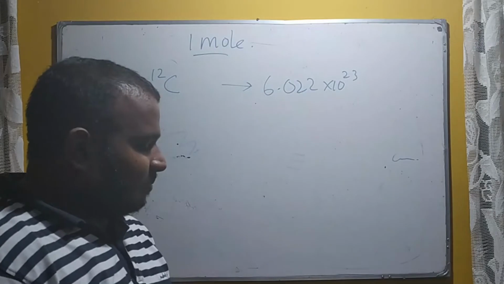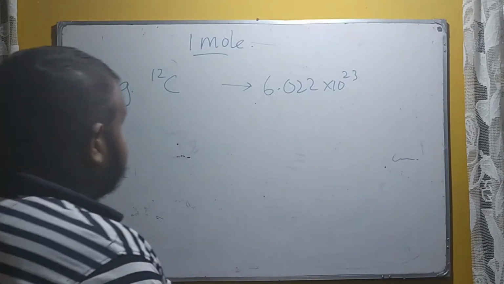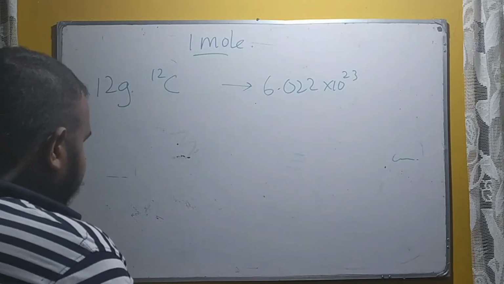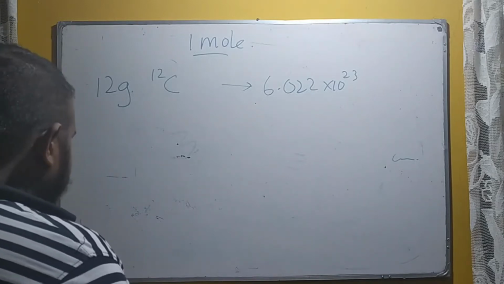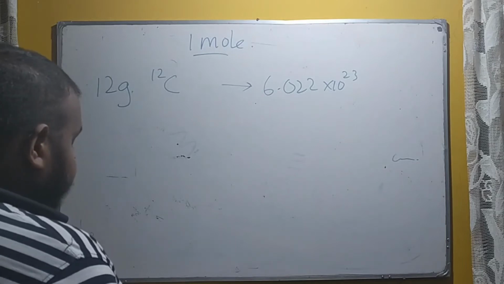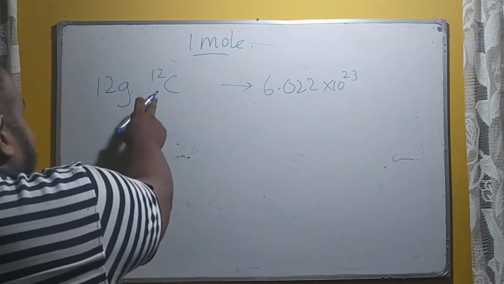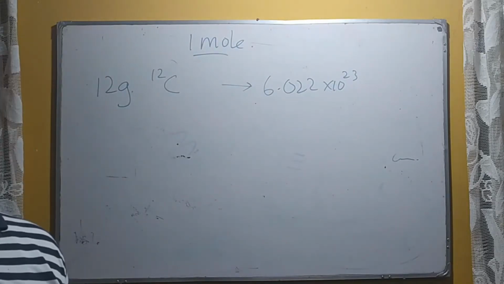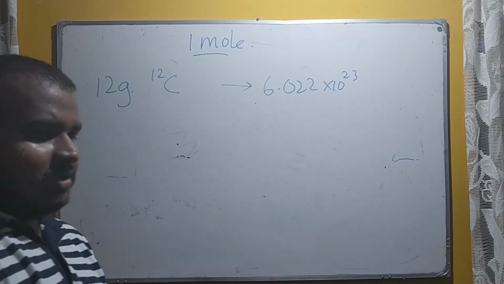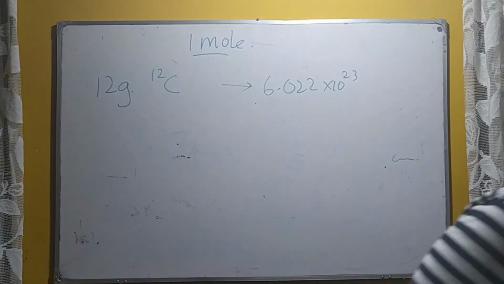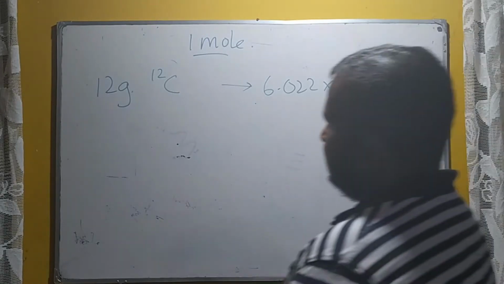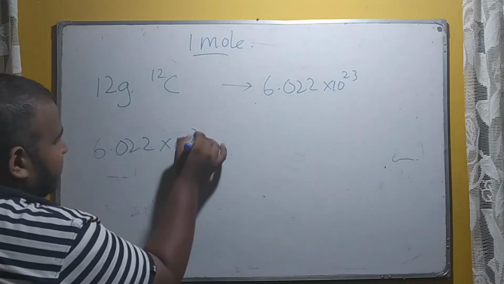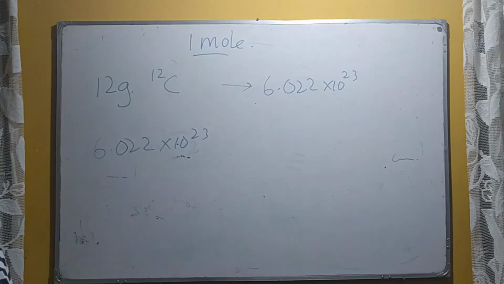How are they saying it? The mole is the amount of substance that contains as many basic building units, atoms, molecules, ions, as there are atoms in exactly 12 gram of carbon-12. This is how the definition comes. So very simply, I am not confusing you all. I said that 6.022 into 10 to the power of 23 is the Avogadro constant.